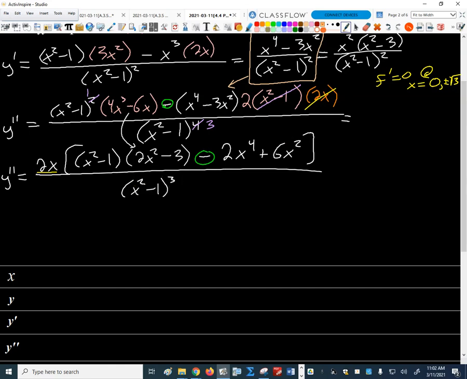So now we just have to clean up a bunch of stuff. So I've got my 2x out front. What if I expand all this out? What am I going to get? So if I FOIL that out, I'm getting 2x to the fourth, minus 3x squared minus 2x squared is minus 5x squared, plus 3.